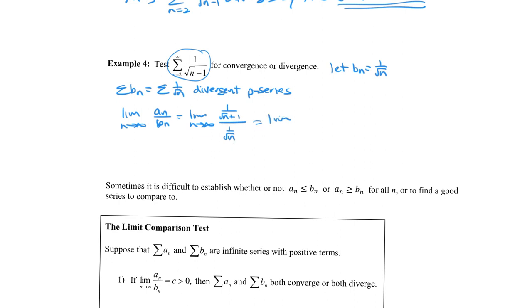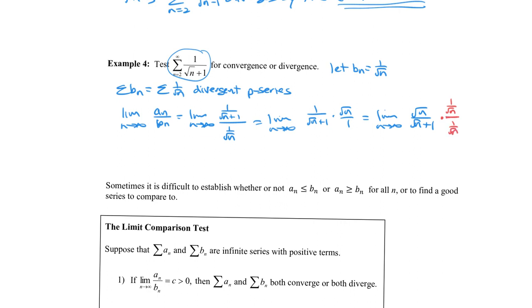That would give us the limit as n approaches infinity of 1 over the square root of n plus 1 times the square root of n over 1, which is equal to the limit as n approaches infinity of the square root of n over the square root of n plus 1. And in this case, we've got infinity over infinity. So we could divide by the highest power in the denominator, which is equivalent to multiplying by 1 in this form.